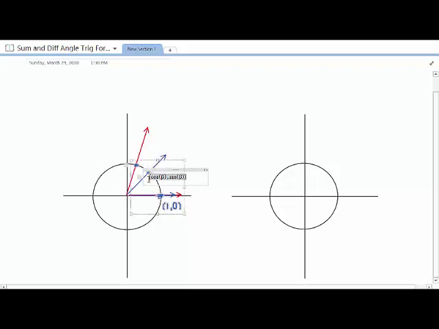Now for the red angle, if I'm calling that alpha, the point that corresponds to the terminal side there would be cosine of alpha, sine of alpha.